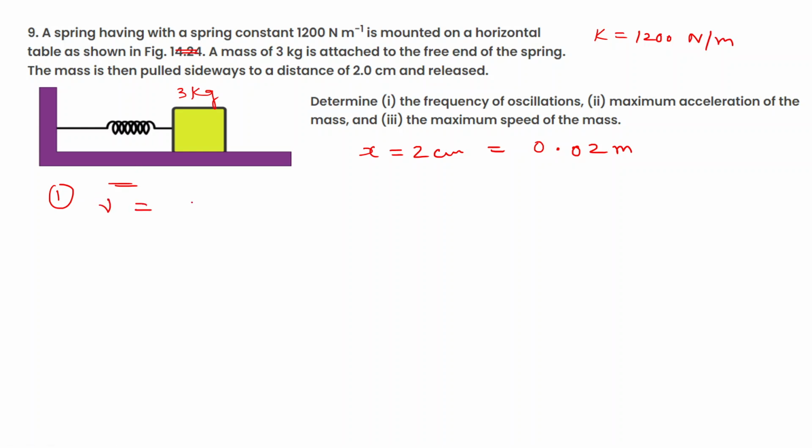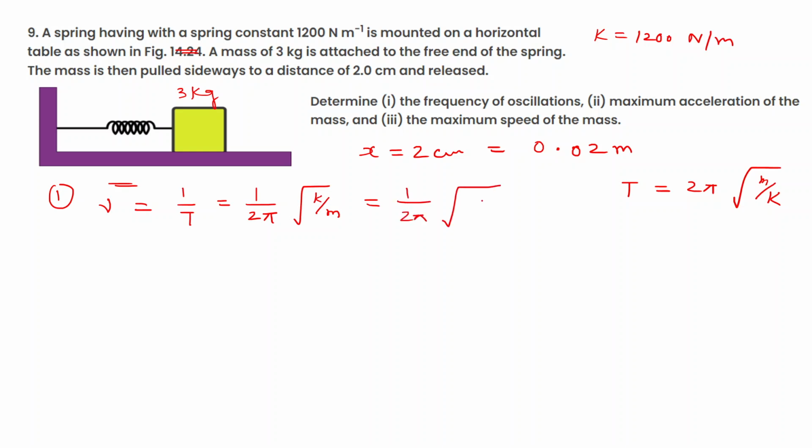Frequency of oscillation will be 1 over time period, and since time period is given by 2 pi under root m by k, where k is the spring constant, the expression will be 1 over 2 pi under root k by m. Substituting these values, 1 over 2 pi, and k is 1200 divided by mass 3 kg.